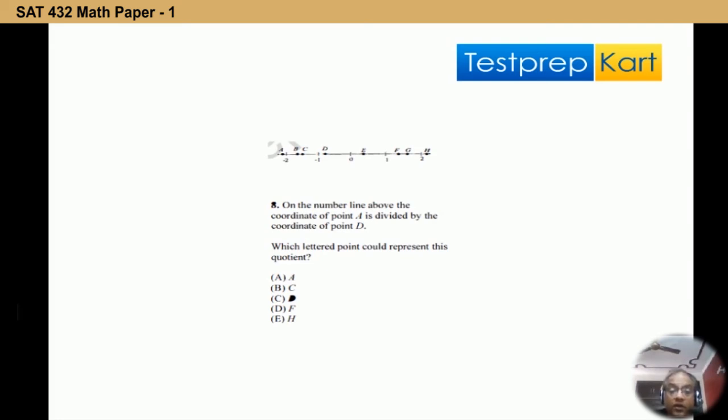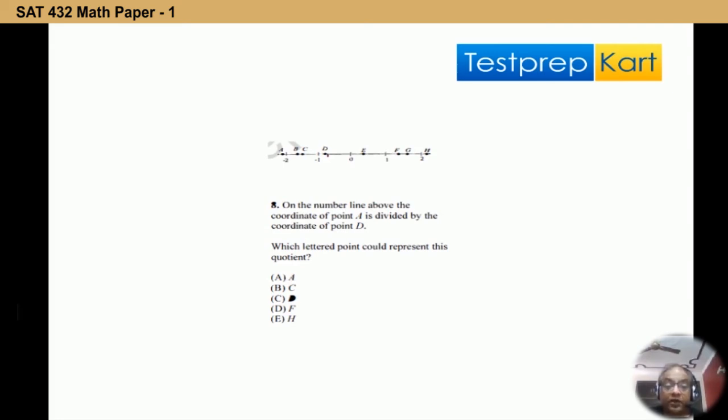The coordinate of point A is divided by the coordinate of point D. Which letter point could represent the quotient?